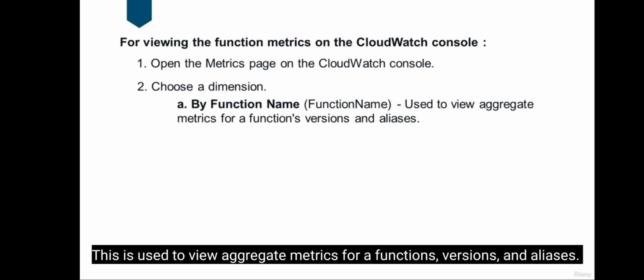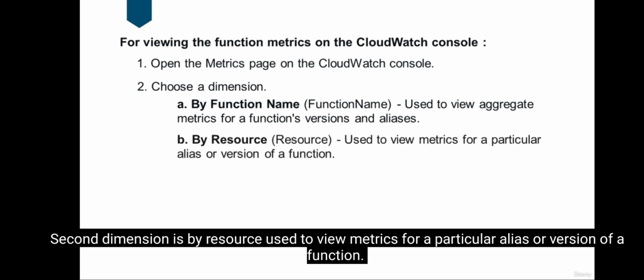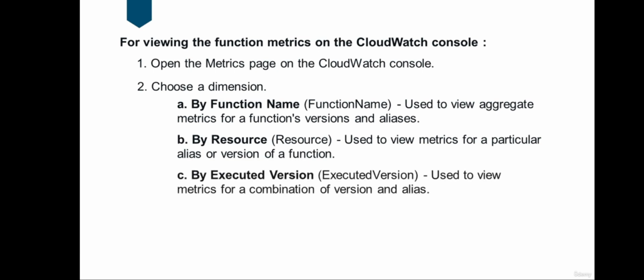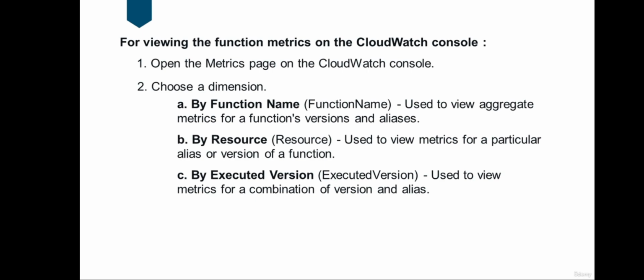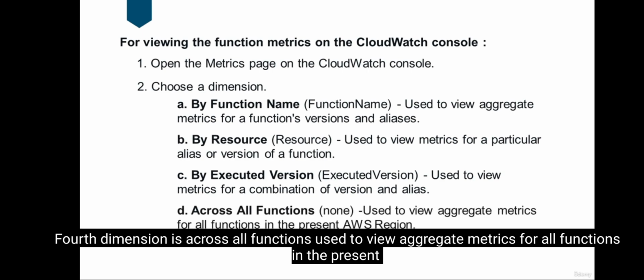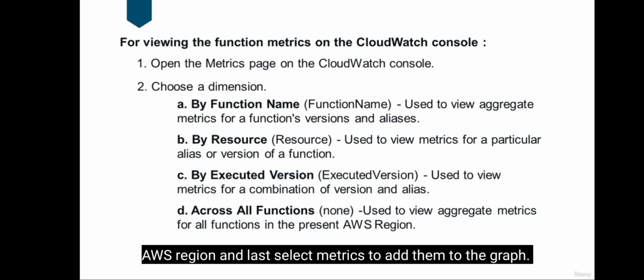This is used to view aggregate metrics for a function's versions and aliases. Second dimension is by resource, used to view metrics for a particular alias or version of a function. Third dimension is by executed version, used to view metrics for a combination of version and alias. Fourth dimension is across all functions, used to view aggregate metrics for all functions in the present AWS region.